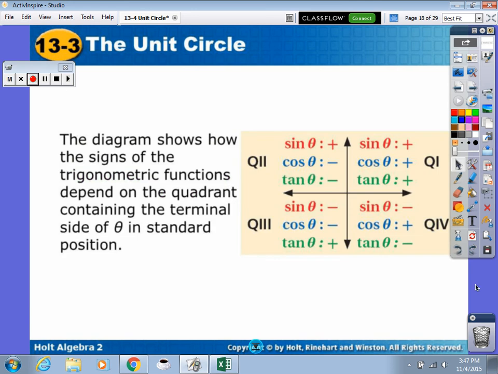Okay, moving on, I'll just remind us real quick, we had a quadrant diagram and an acronym to help us remember where the signs are positive. That reminder is the phrase, all students take calculus. Quadrant 1, where everything is positive. We have quadrant 2, only the sine and its reciprocal, cosecant, will be positive.